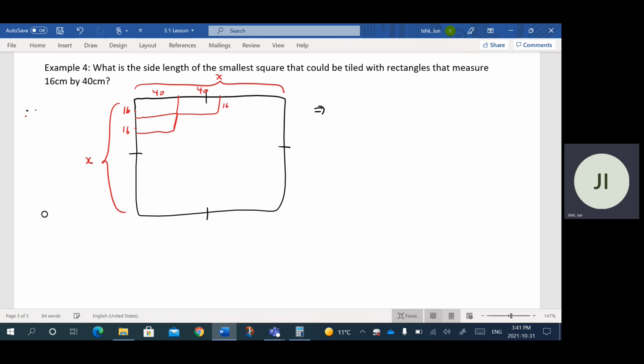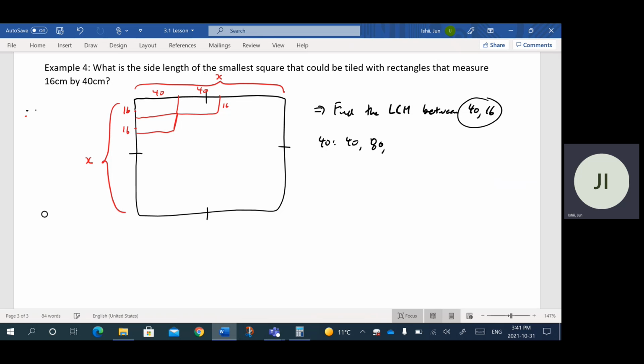So what we want to do here is find the lowest common multiple between 40 and 16. For the LCM between 40 and 16, we could do the prime factorization, but these two numbers are fairly small, so I think it's going to be a little easier if I just list off the multiples of 40.